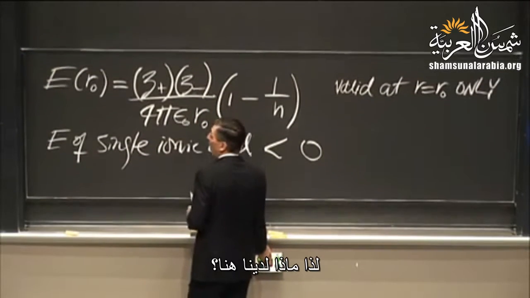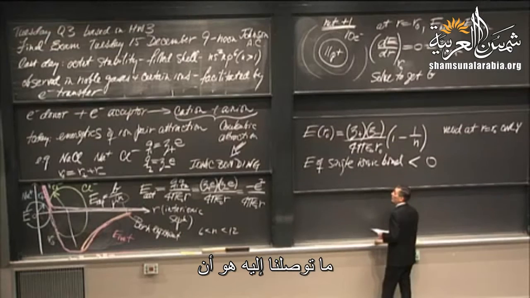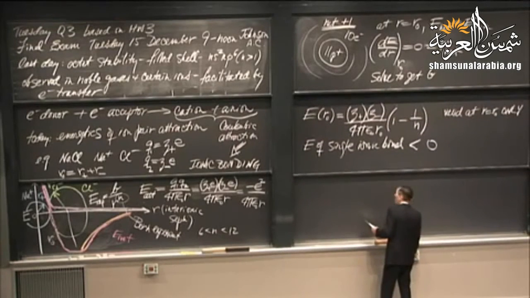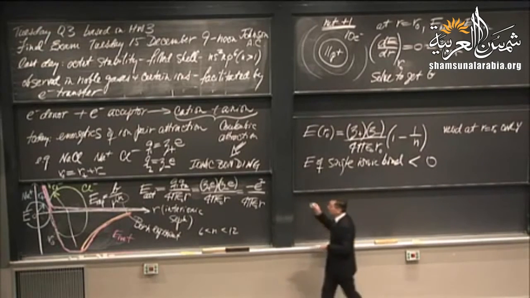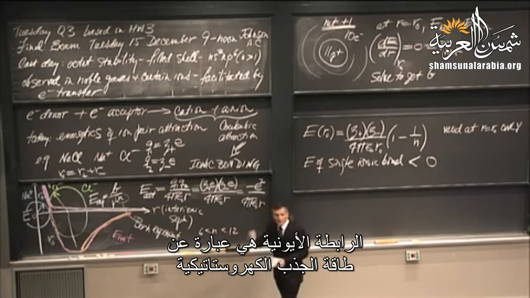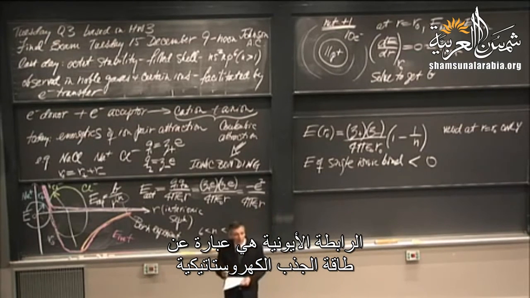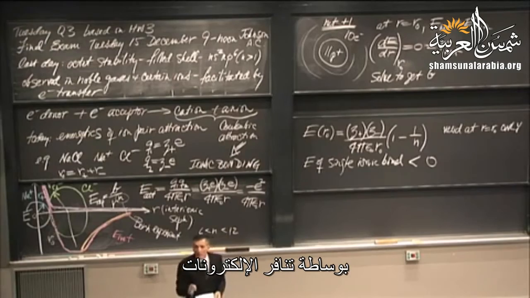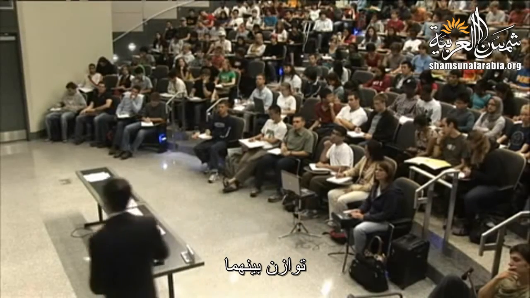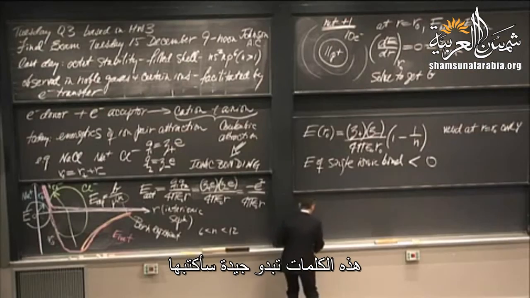All right, so what do we have here? What we've seen by going through this derivation is the recognition that the ionic bond is electrostatic attraction mediated by electronic repulsion. It's the balance of the two. And those words sound so good to me that I'm going to write them down.